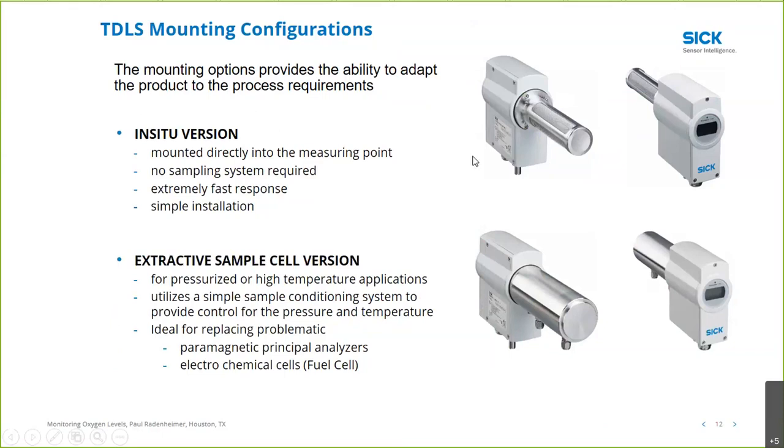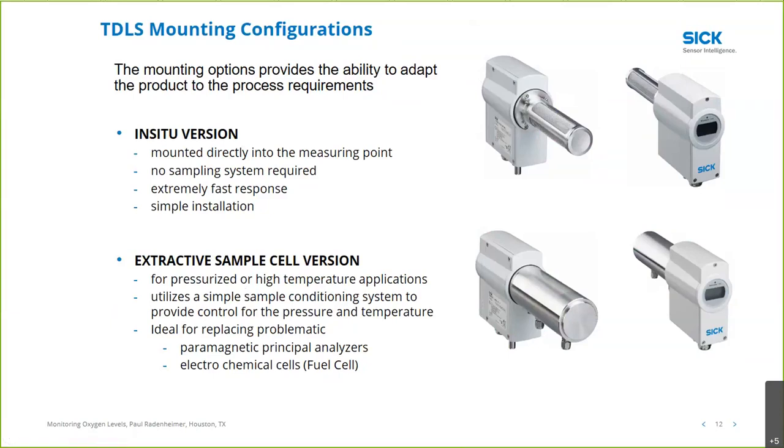The extractive sample cell version has the sample cell encased in an enclosure which allows us to flow the sample in and out of the surrounding cell. And this allows us to make adjustments in the application. The in situ is mounted directly into the sampling point, requires no sample system, and has an extremely fast response. The extractive sample cell, if you choose to go that way, allows you to compensate for pressurized or high temperature applications.